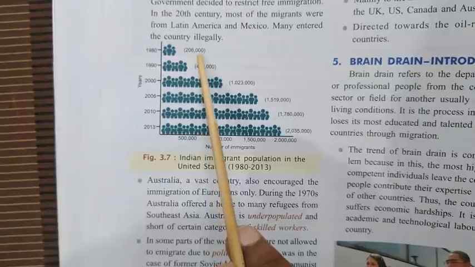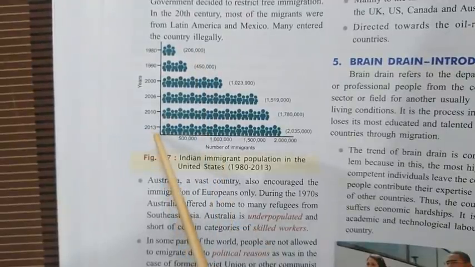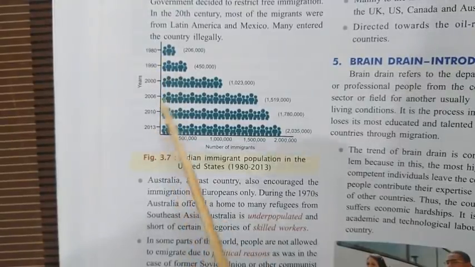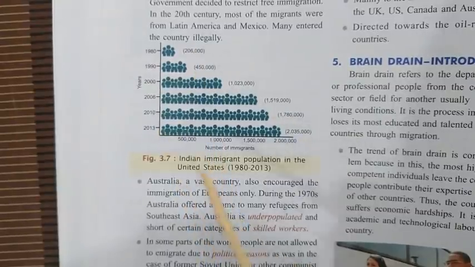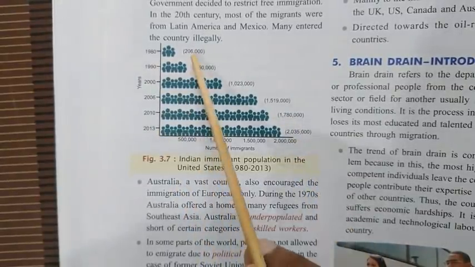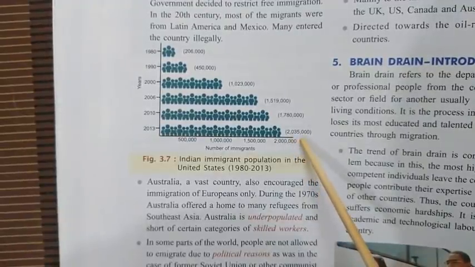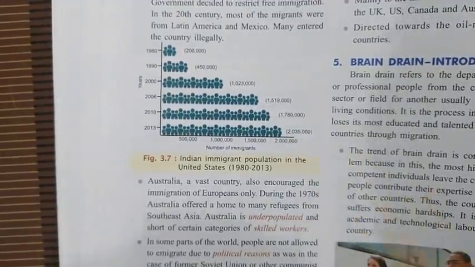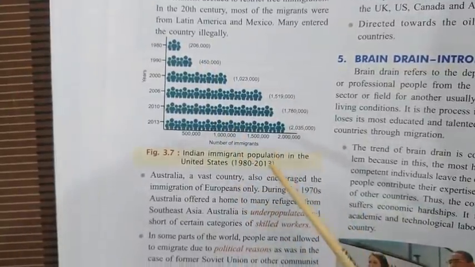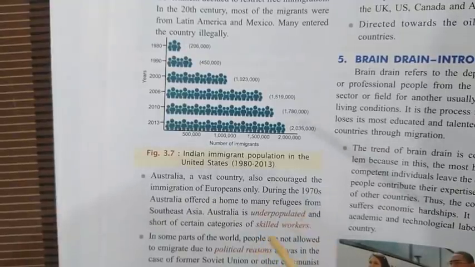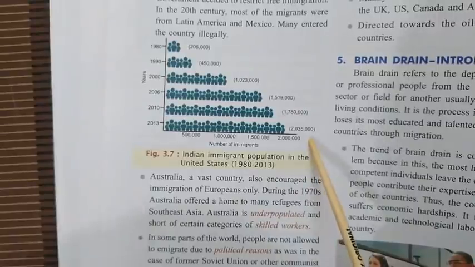And in 33 years, the Indian population increased from 2,06,000 to 20,35,000. So this is the one example I am showing you, of how immigrants from one particular country, India, have increased so much in 33 years.